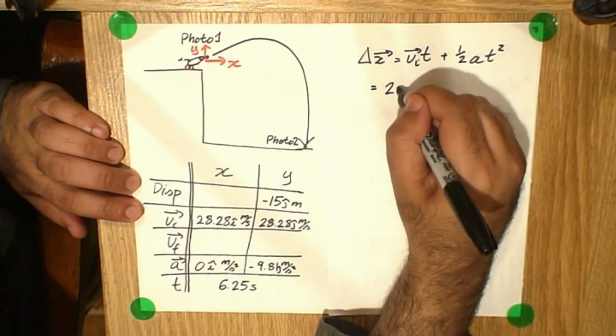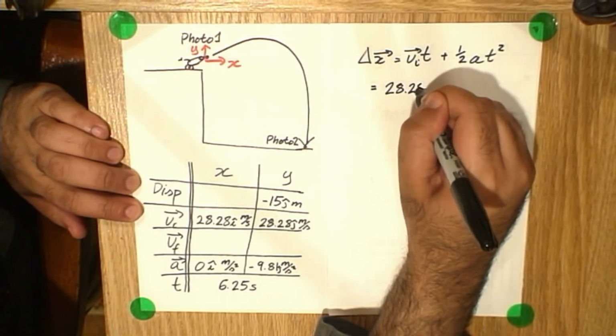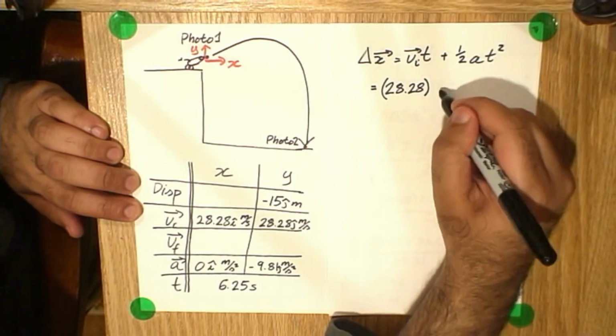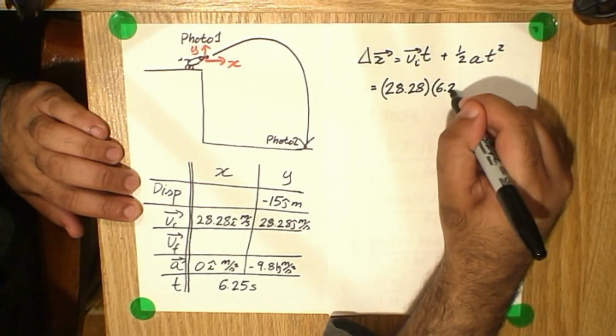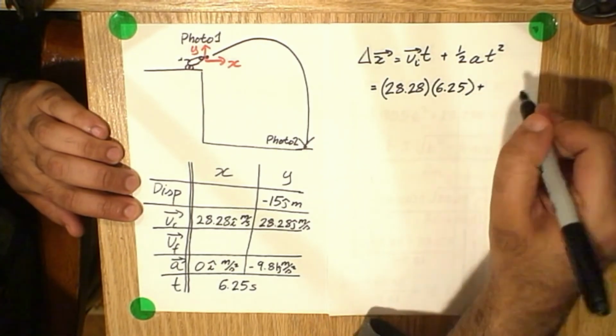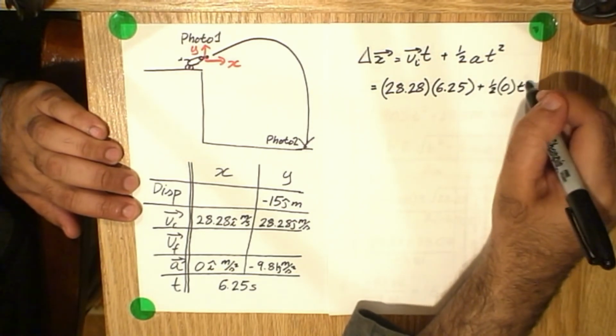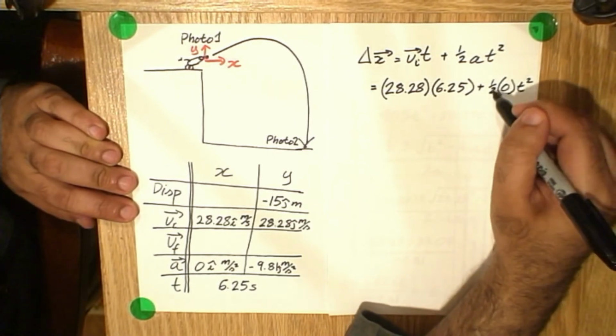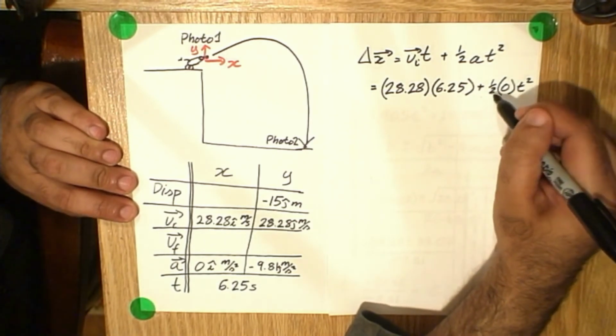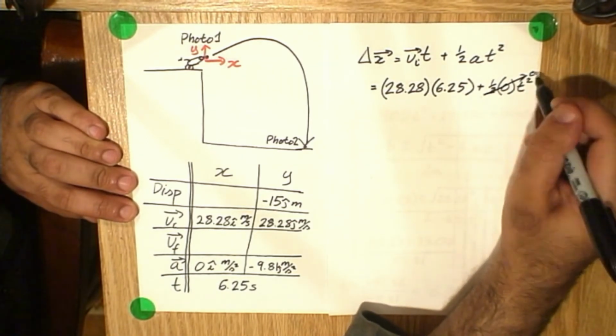V initial, 28.28, times a flight time of 6.25, plus half, times acceleration, 0, times t squared. I'm not even going to bother writing t all over again because anything multiplied by 0 is just going to give you 0.